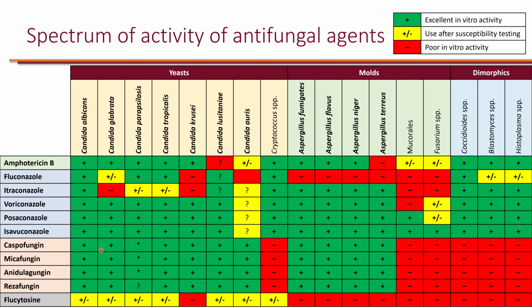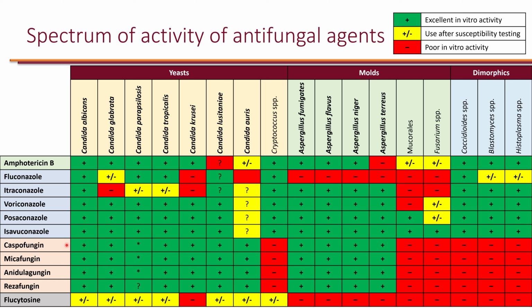Now, when you go to echinocandins, they probably have superior activity against yeast compared to azoles. So pretty much they cover all of these yeasts, including Candida auris. So pretty good activity against Candida auris.